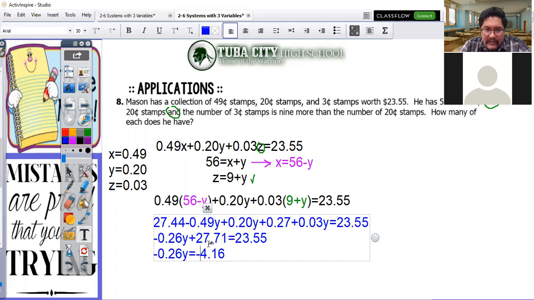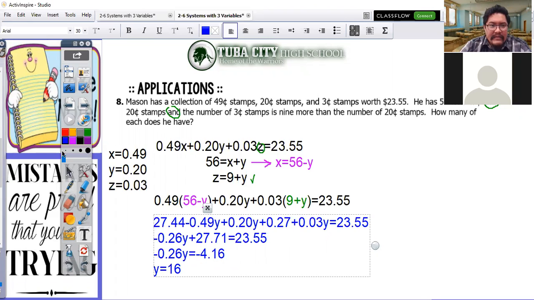So 23 minus 27, that's going to be a negative number. And divide this by 0.26, which I don't have to worry about the negative because negative divided by negative should be positive. And I should get my first value. So in this case, y equals 16. So for the middle priced stamps, the 20-cent stamps, we got 16 of them. All right, good, we got it.